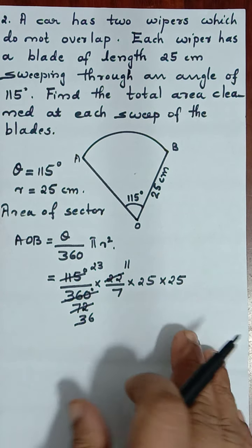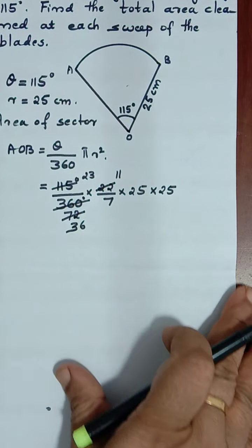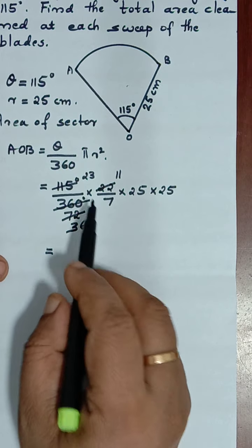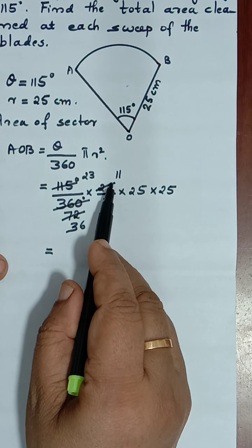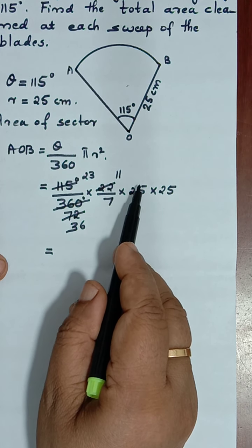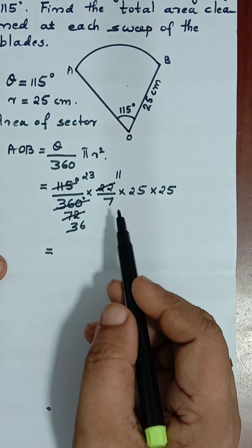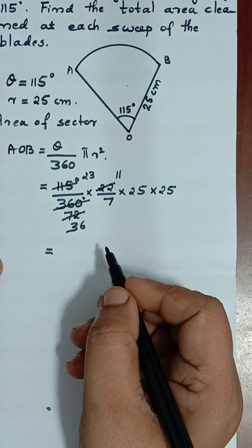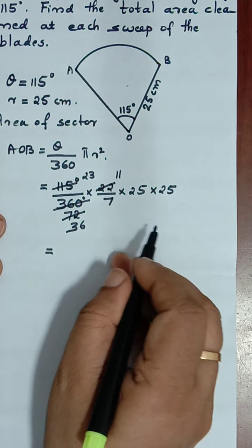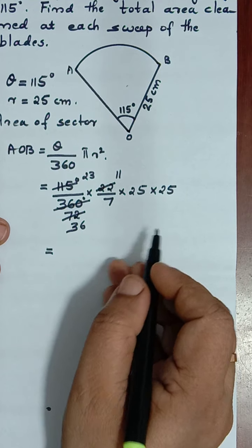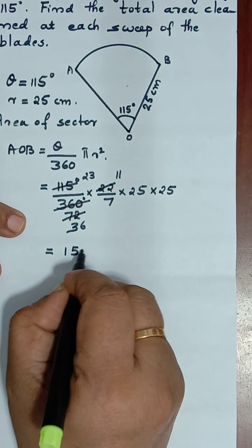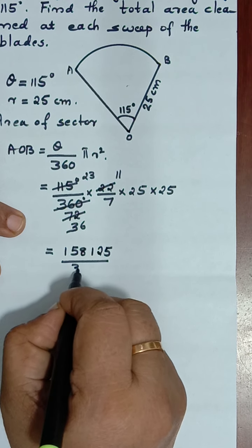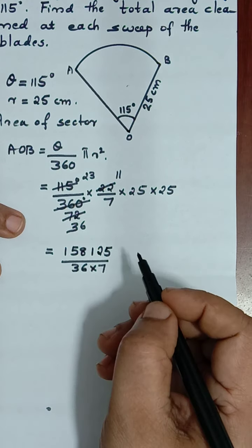Now we have to multiply and get the value. We are simply calculating. This is equal to 23 into 11 into 25 into 25 divided by 36 into 7. So here we have the value 1,58,125 divided by 36 into 7.